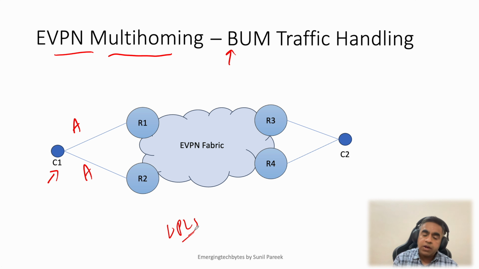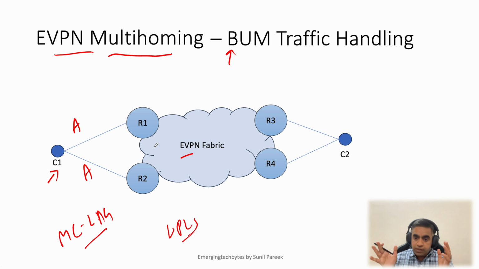There were some proprietary solutions with respect to multi-homing, like multi-chassis LAG and vPC, and as I explained in the previous video, those were vendor proprietary. EVPN has taken multi-homing to the next level, not only in the solution standardization aspect, but also in that multiple PEs can be connected.